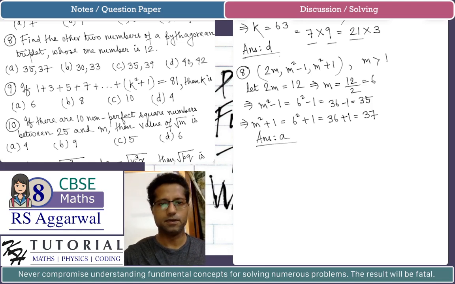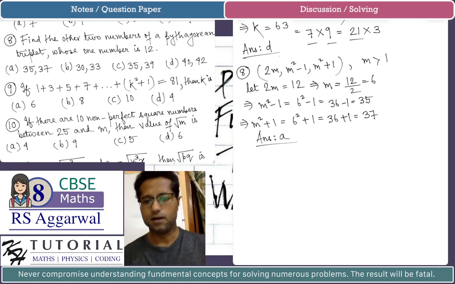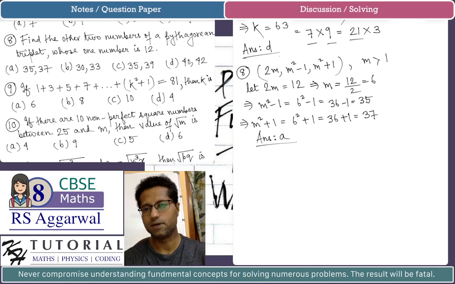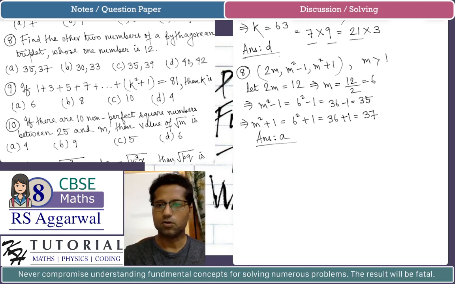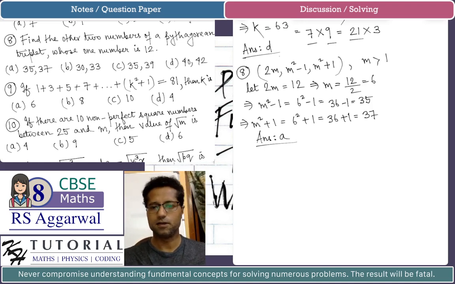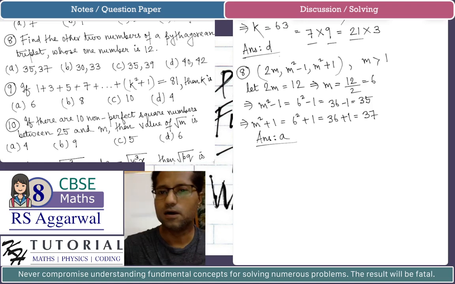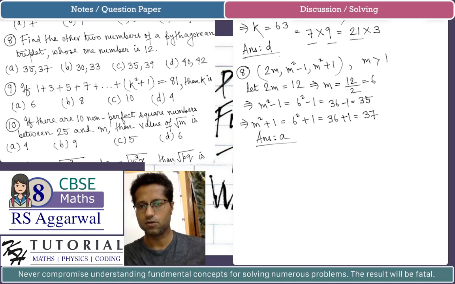But remember one thing, that not all Pythagorean triplets can be expressed as twice m comma m square minus 1 comma m square plus 1. There are many Pythagorean triplets, and it is not the fact that every such triplet can be expressed in this form for some natural number m greater than 1.